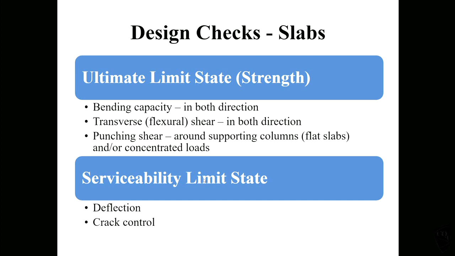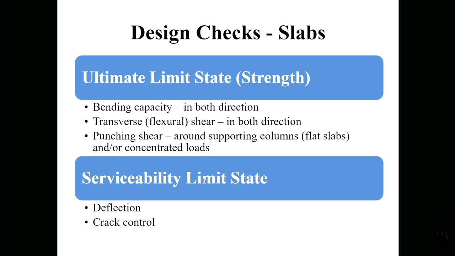So this comes under the shear ultimate limit state. The other one is the serviceability limit state, deflection and cracks. So we need to make sure our design satisfies both ultimate and serviceability.